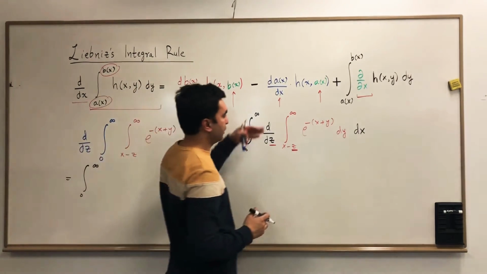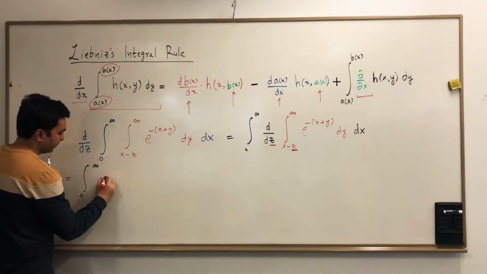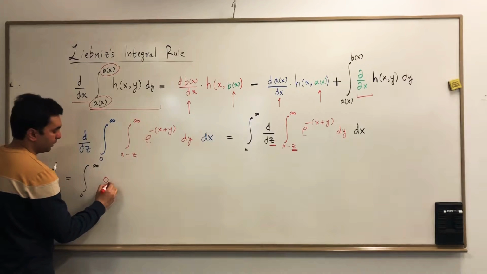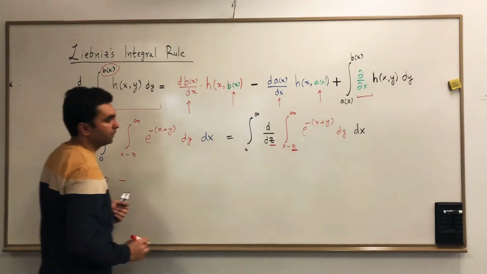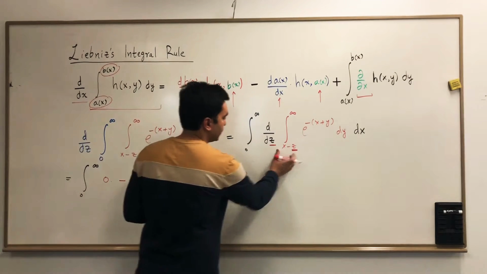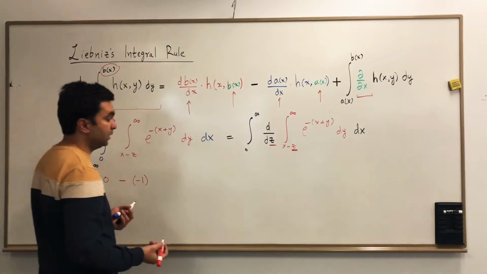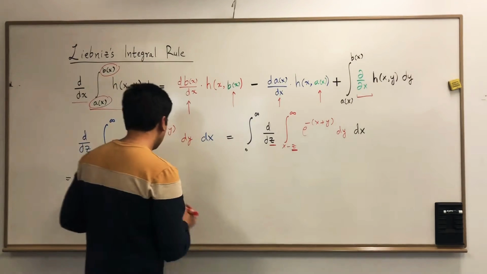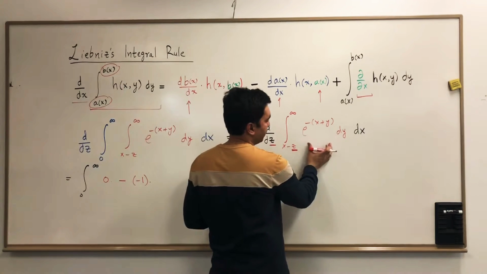Now, first thing is we take the derivative of the upper limit, which is 0, and that makes the whole term 0, minus the derivative of the lower limit, which in this case is minus 1, because we are taking derivative with respect to z, times, you have to substitute this limit in this function.